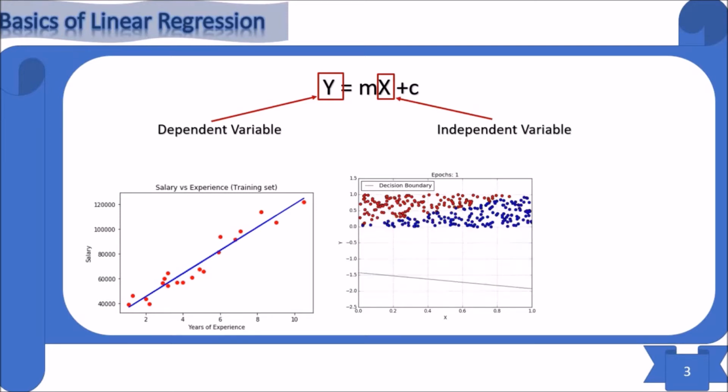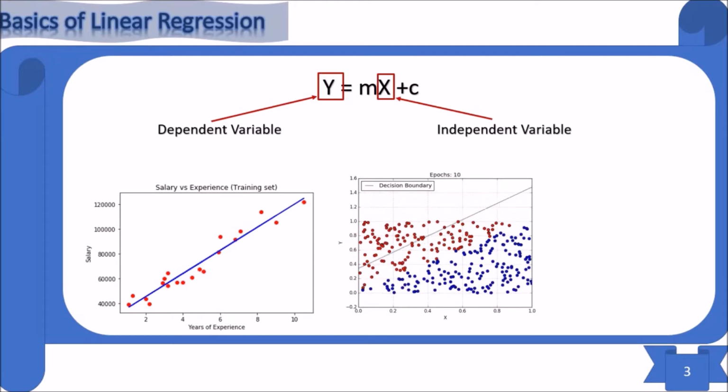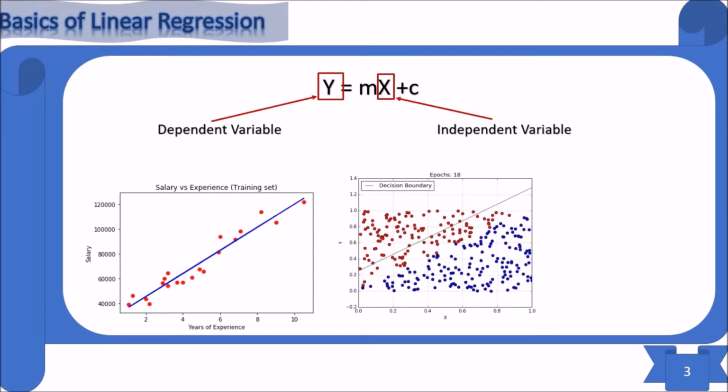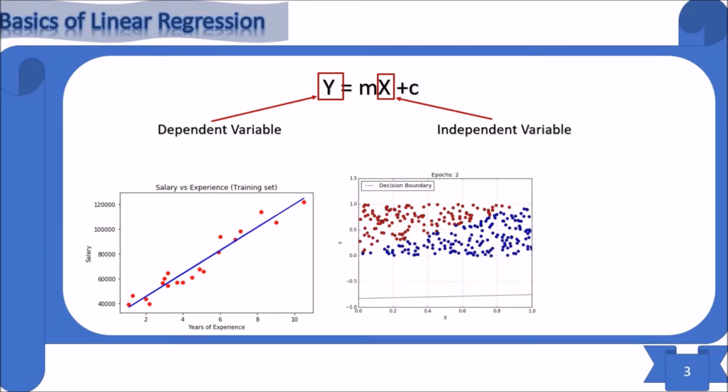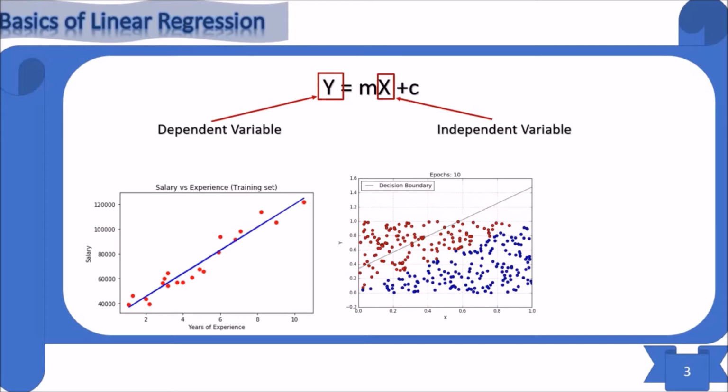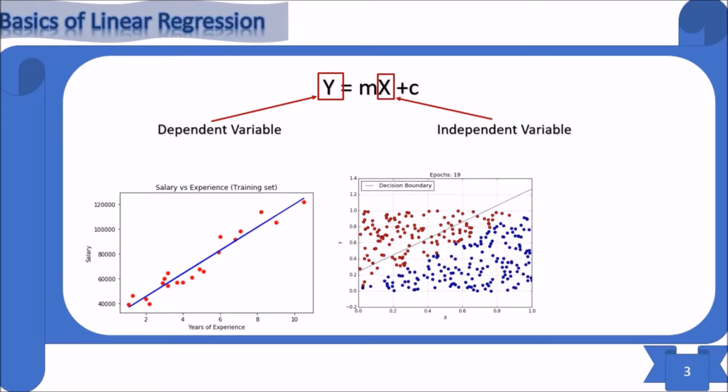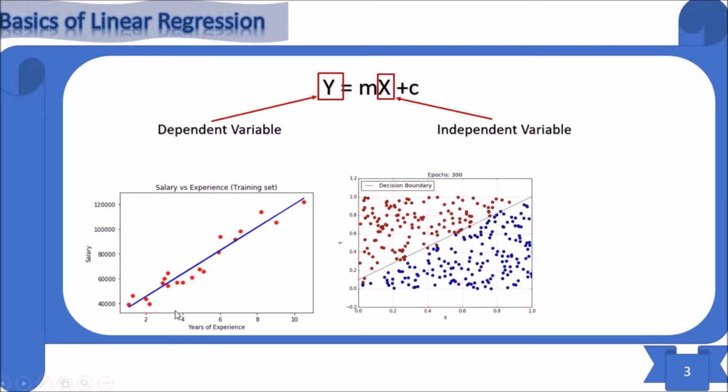In simple linear regression, we considered an example of your salary data set where the dependent variable is salary and the independent variable is years of experience. As your years of experience increase, your salary also increases. Here you can see the graph of your salary data set. Okay, so that's what linear regression is.